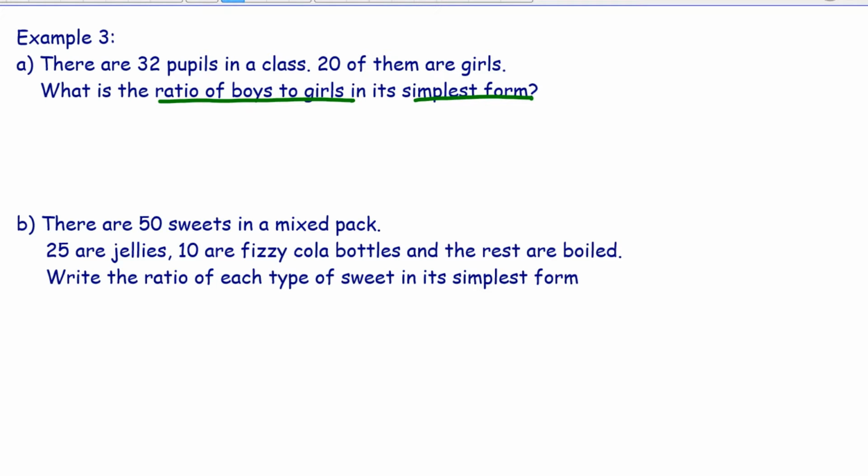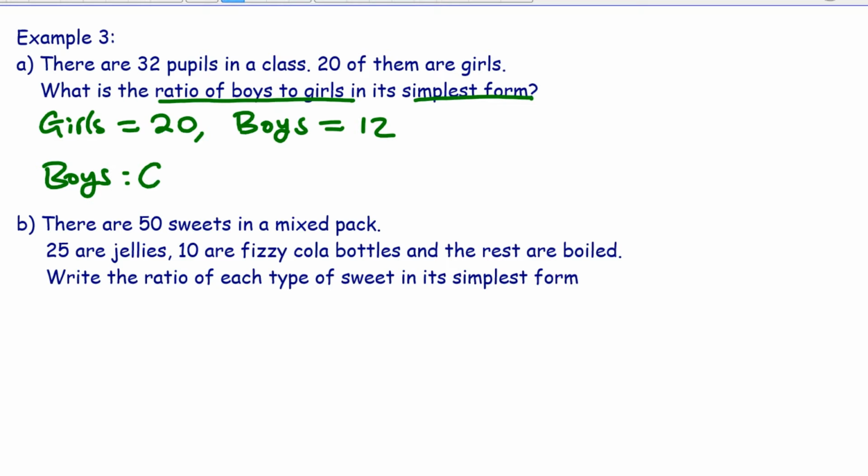Okay? So let's start by identifying how many girls we have. We have 20 girls, 32 students in total, which means we'll have 12 boys. So the ratio of boys to girls will be 12 to 20.